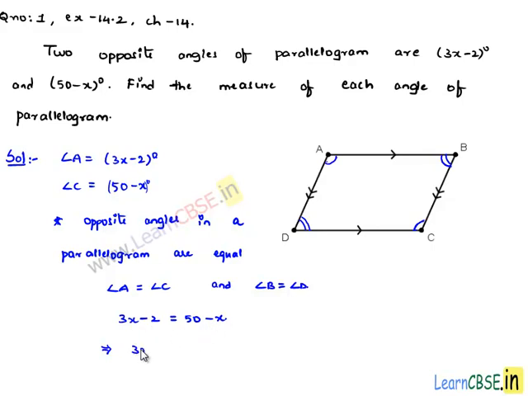Then we get 3x + x = 50 + 2, which is 4x equal to 52 degrees. That is, x is equal to 52 by 4, and 4 goes in 52 13 times. Therefore we got the value of x as 13 degrees.